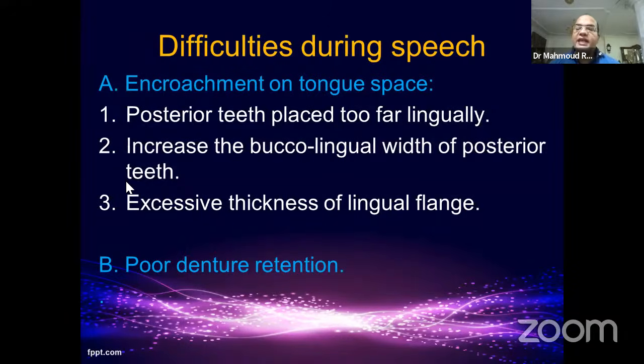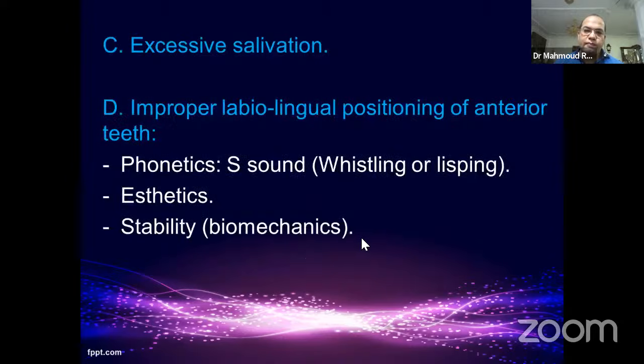Excessive thickness of the lingual flange also encroaches onto the tongue space. Poor denture retention, as we said before, and how to manage: the patient can't speak well if his denture falls from time to time. Excessive salivation is also a problem.